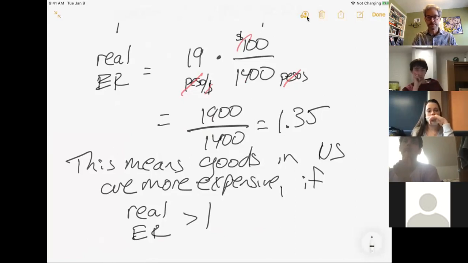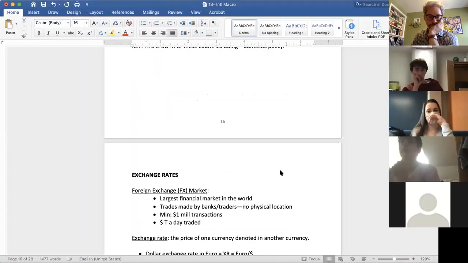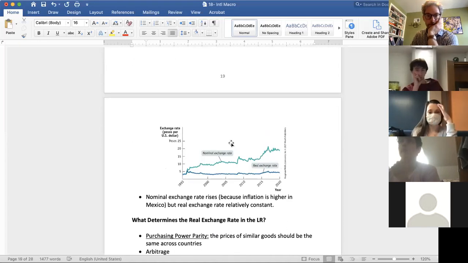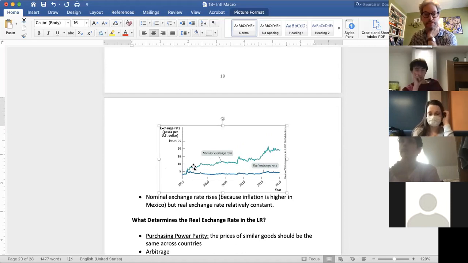So for instance, look at a little data here between the US and Mexico. This is looking at the exchange rate. The light blue line is the nominal exchange rate over time. So in other words, over time, you have to give more and more pesos per dollar.